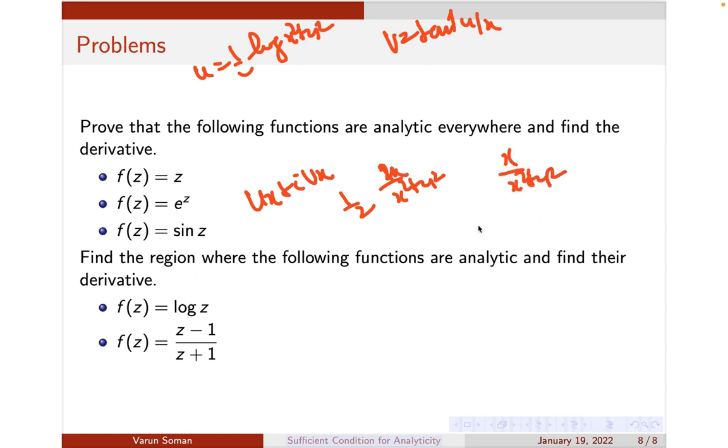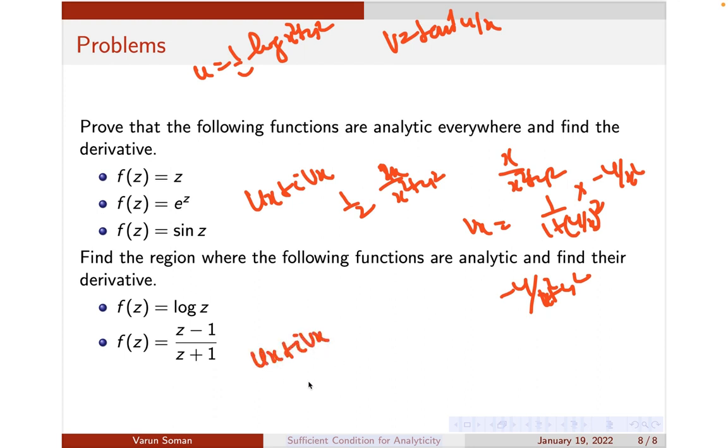And what is your vx? Vx is actually 1 by (1 plus (y by x) the whole square) into minus y by x square, so it is minus y by x square plus y square. So ux plus i vx is your derivative. So it is x by x square plus y square minus i into y by x square plus y square.